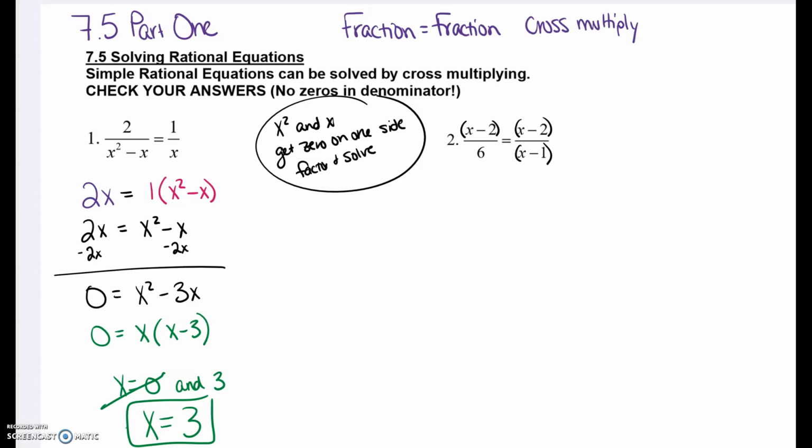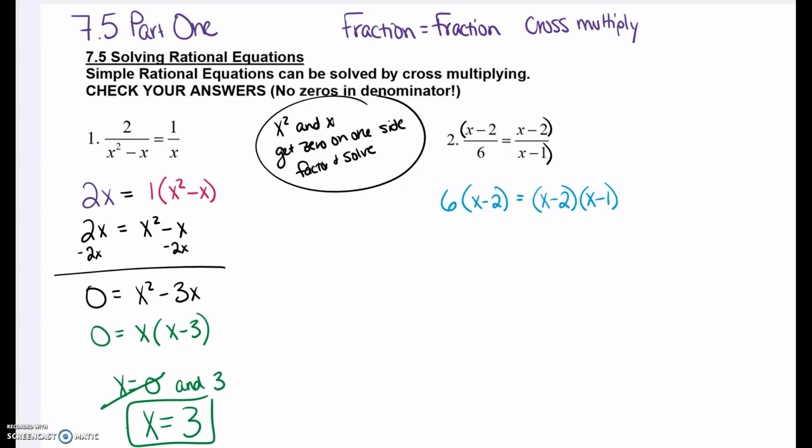In number 2, the parentheses are incredibly important. Anytime you see addition or subtraction in the numerator or denominator, protect that numerator or denominator with parentheses. Then when we cross multiply, we've got 6 times the quantity x minus 2 equals x minus 2 times x minus 1.